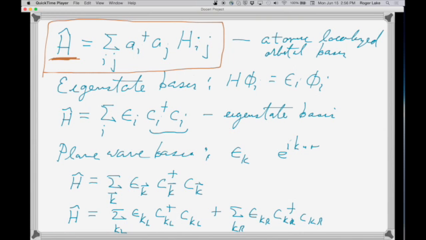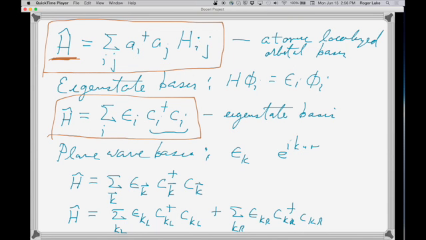A single particle Hamiltonian can always be solved exactly. And if you can solve it exactly, that means you know the eigenstates, you can diagonalize it, right? And if you know the eigenstates, in the eigenstate basis it's just going to look like this, where i would just be whatever your eigenstate is.